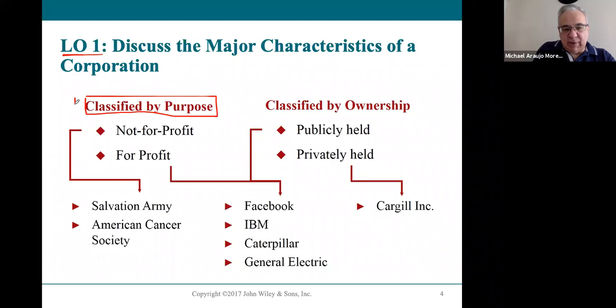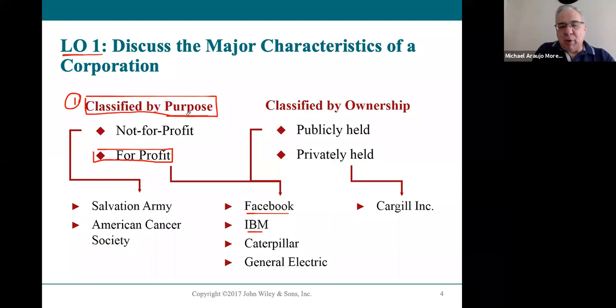And so the first thing that you're asked about is, what's the purpose of this corporation going to be? We're going to be focusing specifically, of course, on for-profit corporations, which means that the purpose of this corporation is to make a profit.